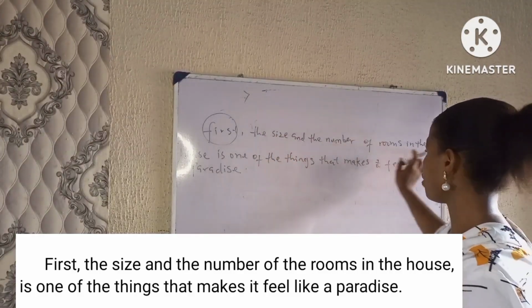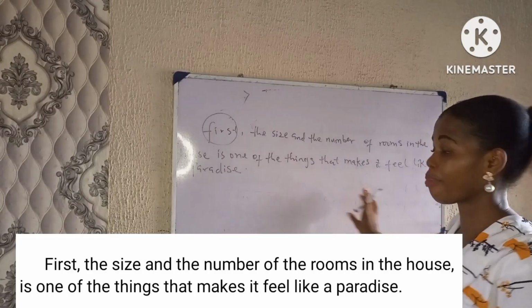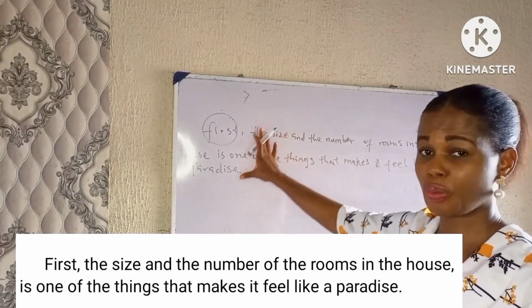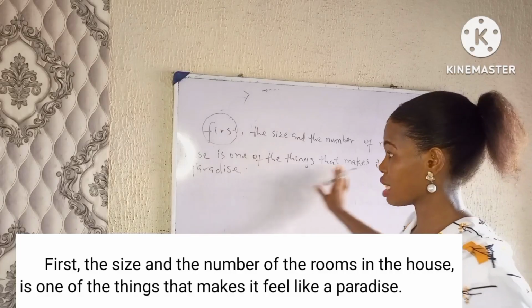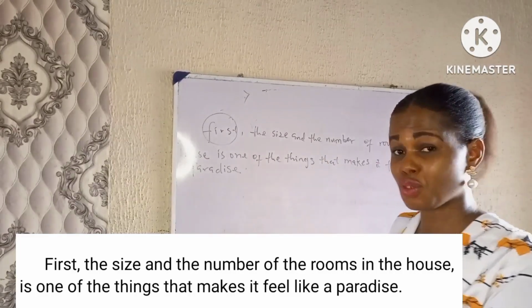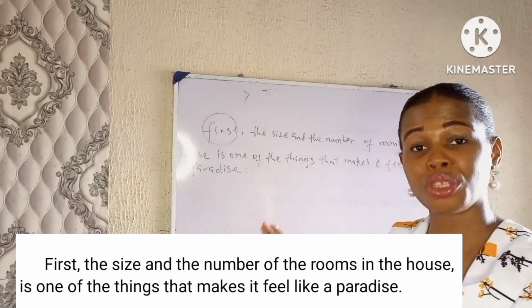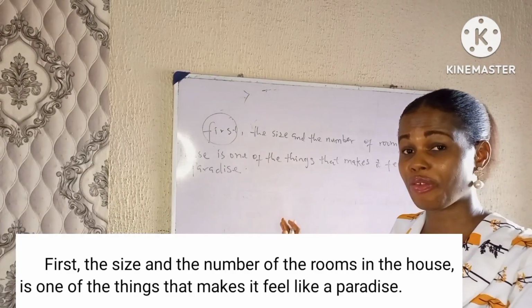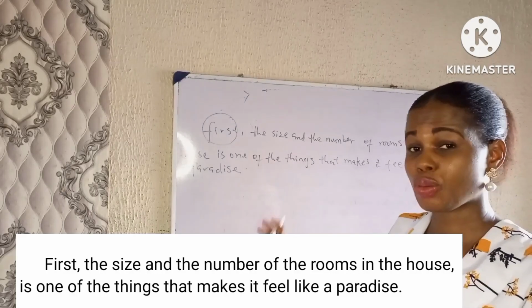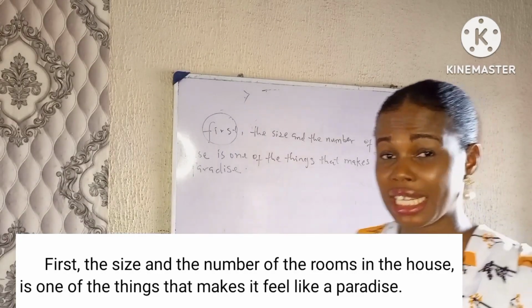The size and the number of rooms in the house is one of the things that makes it feel like a paradise. This is a topic sentence, so whatever I want to discuss in the rest of the paragraph has to border on the size of the house and the number of rooms contained in the house.